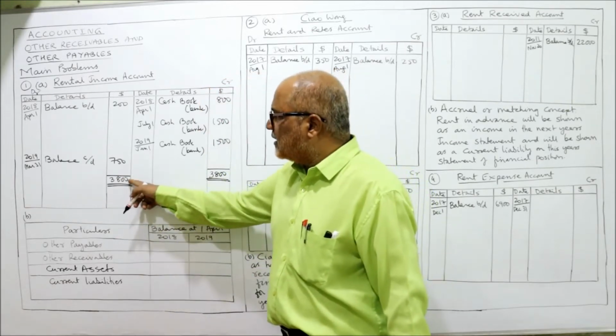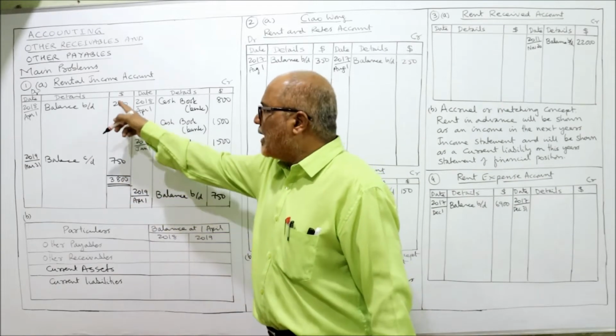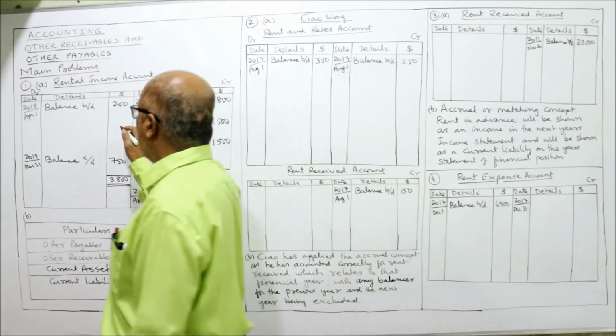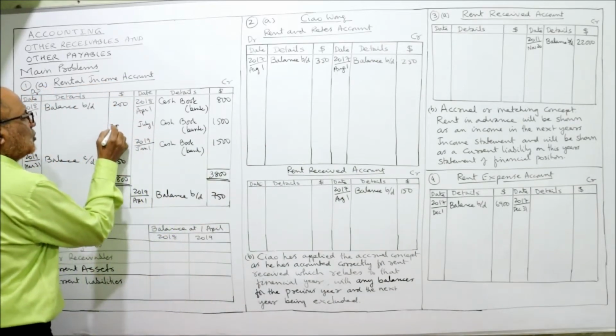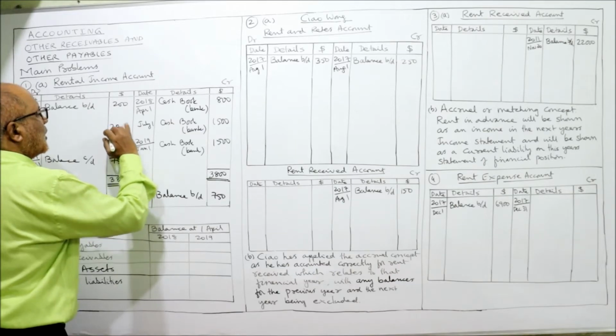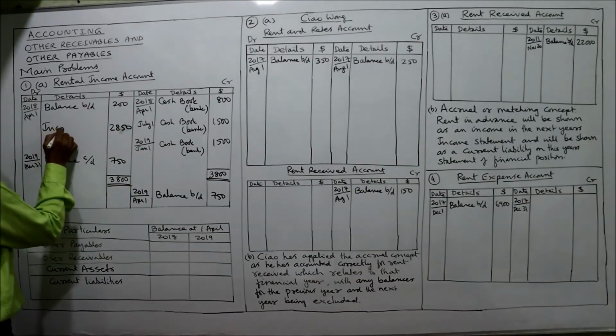From 3,800 deduct 200 and deduct 750. Minus 200 minus 750. Your balancing figure is 2,850. So here I am writing 2,850. This will be transferred to income statement.